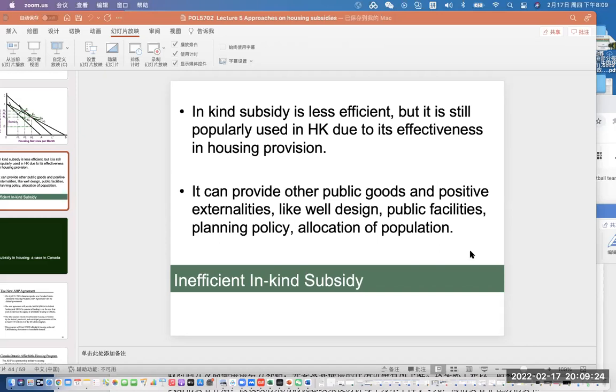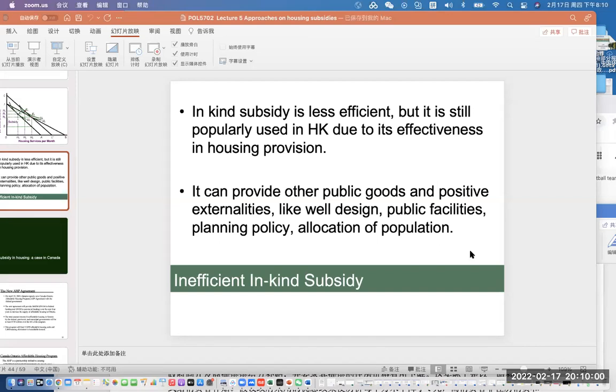Because in the situation of in-kind subsidy, if the government provides some good, they can guarantee the quality, but what's more, the government cannot guarantee that they provide enough kinds of goods that the citizen really needs.